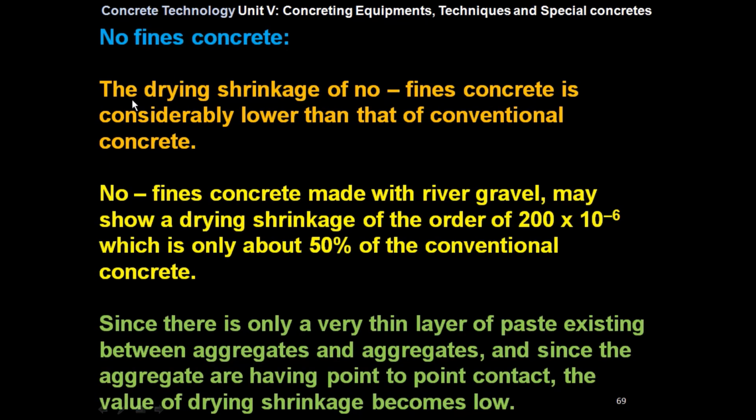The drying shrinkage of no-fines concrete is considerably lower than that of conventional concrete. No-fines concrete made with river gravel may show a drying shrinkage of the order of 200 × 10^-6, which is only about 50% of the conventional concrete.